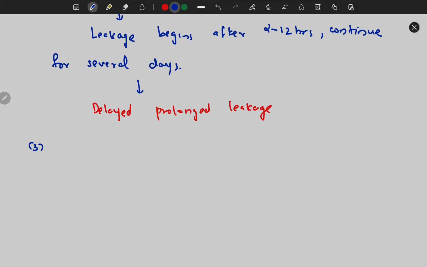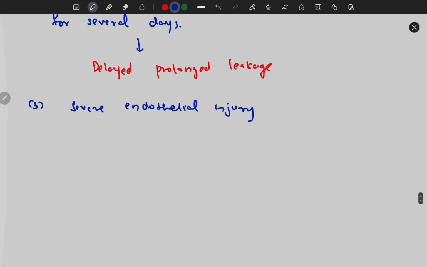Another mechanism is severe endothelial injury. If there is severe endothelial injury, the endothelial cells undergo necrosis and detachment.